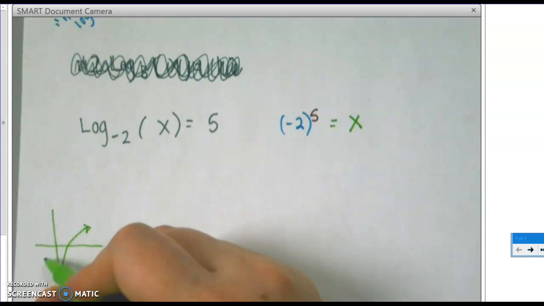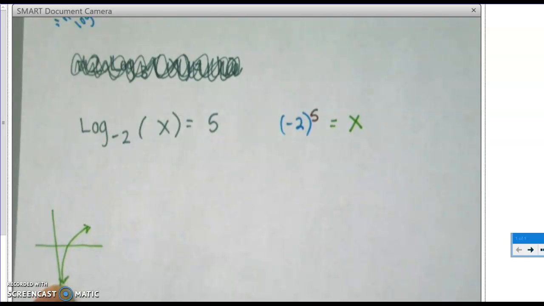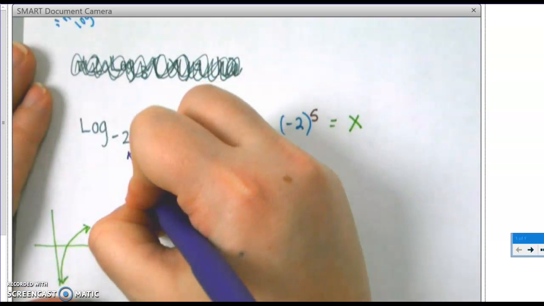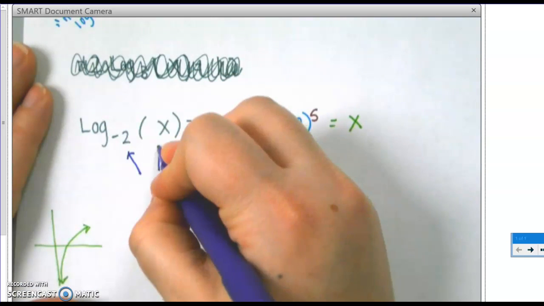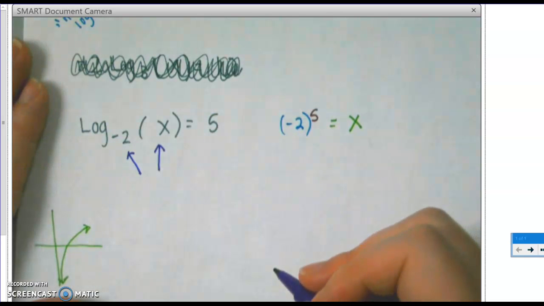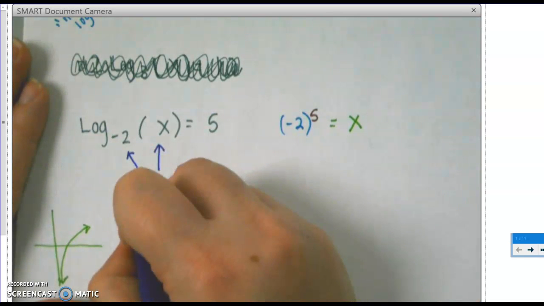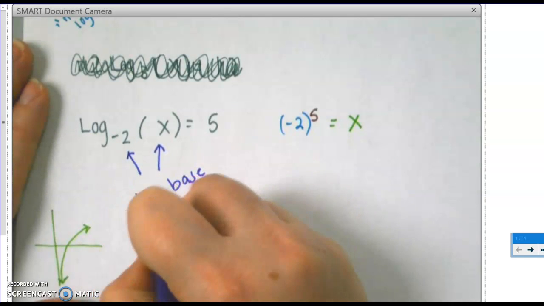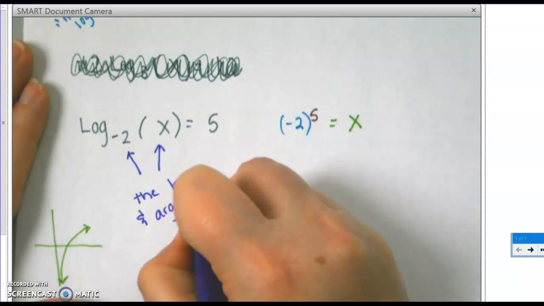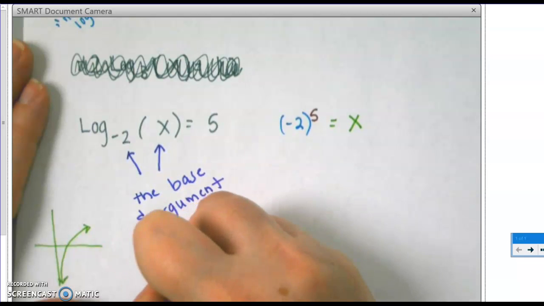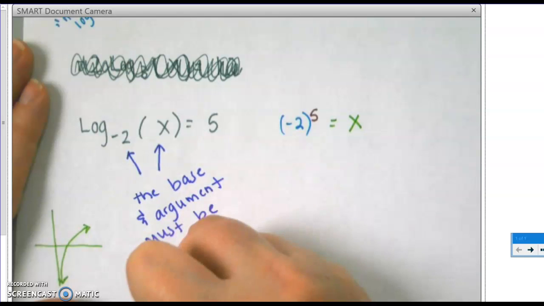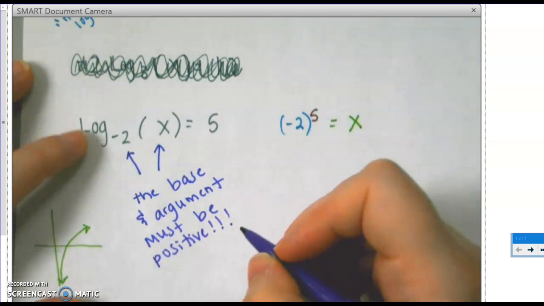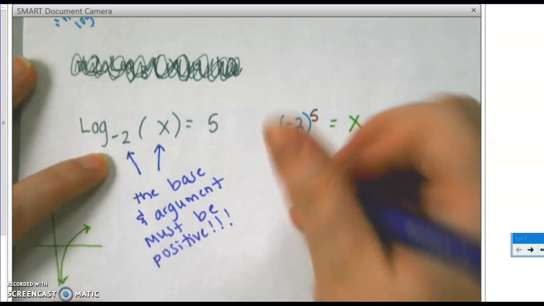So it doesn't include any negative numbers. So this can sometimes come up as like a trick question. But with a log, these two components cannot be negative. So the base and argument must be positive. And if it's not, so for this one, my answer to this one would be undefined.